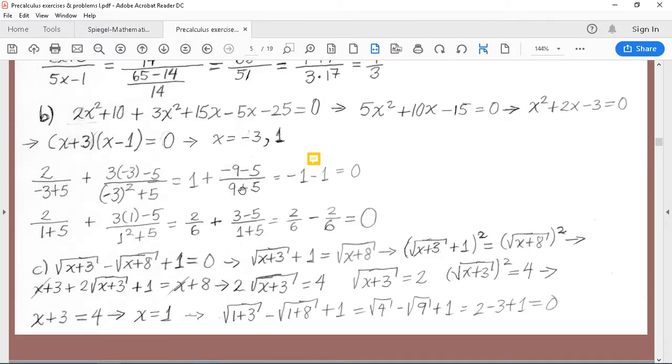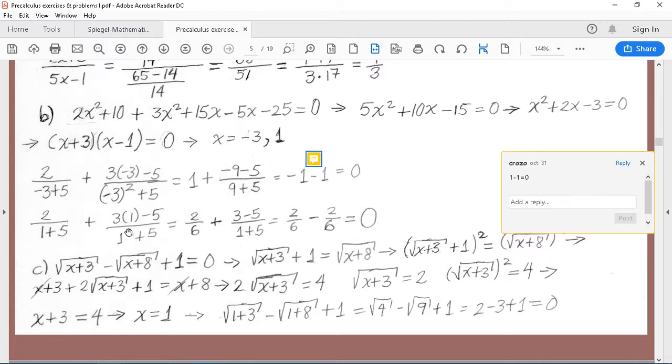So we have minus 14 over 14. So that should give us 1 minus 1 equals 0. Here I made a mistake with this minus, which should not be here.